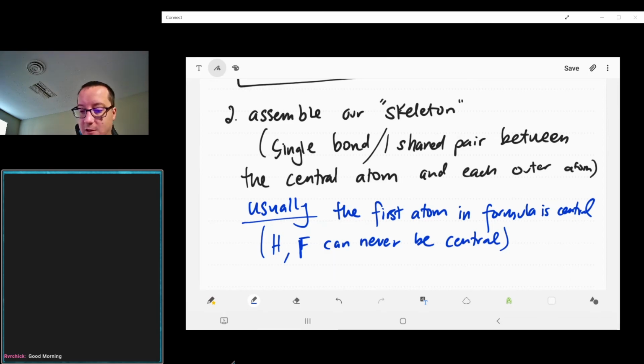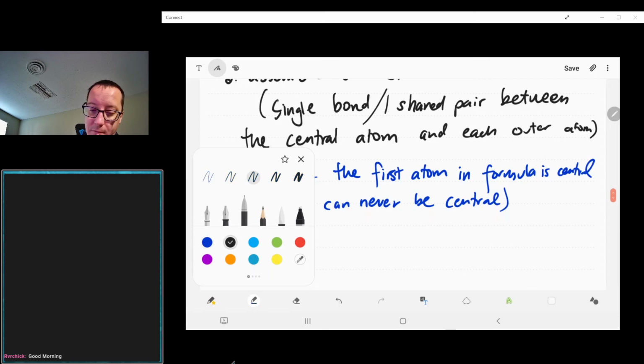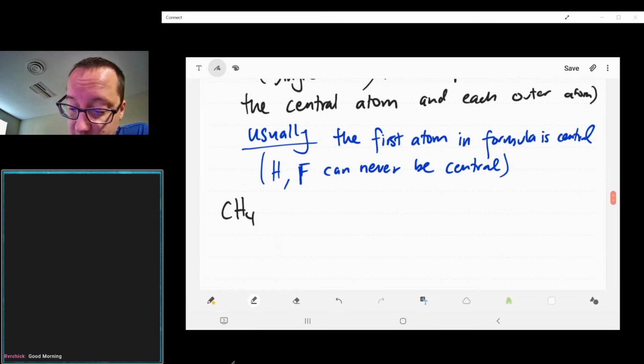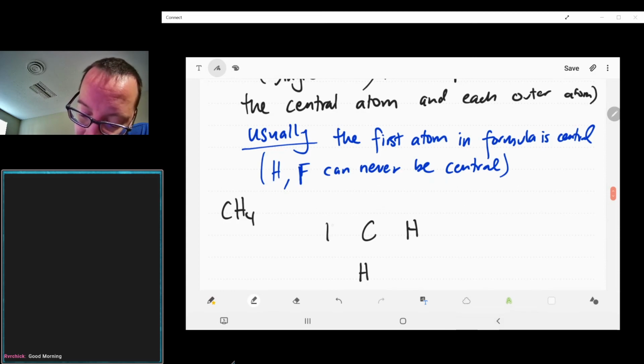Okay, but let's go back to our methane example. So CH4 tells us that carbon's in the middle. Usually your first atom written in the formula is the one in the middle. So we're going to arrange these hydrogens around the carbon. Typically you just do them 90 degrees apart just to make it as clear as possible.